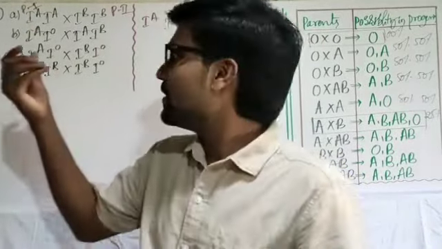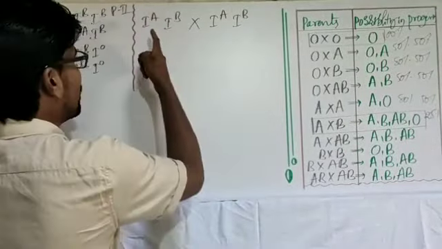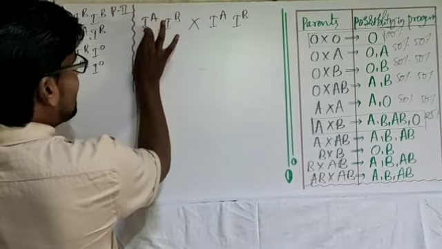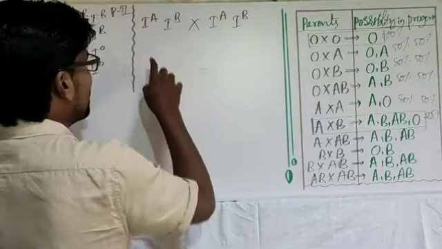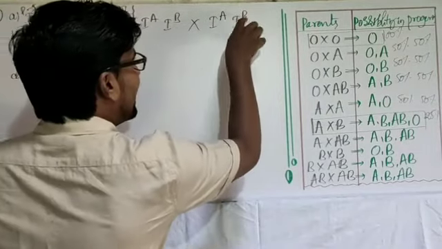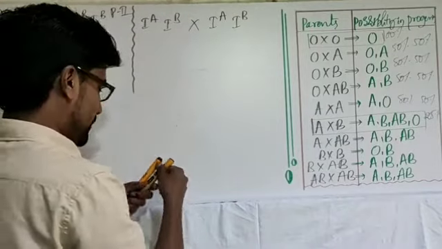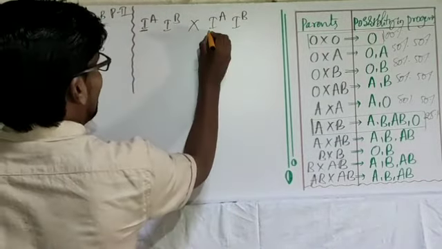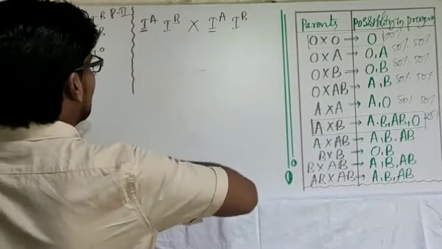Just by mental calculation you can do this. First allele from this side, first allele from this side, multiply. First allele from this side, second allele from this side. While multiplying, leave this I and this I at that time. That means what is the condition here?